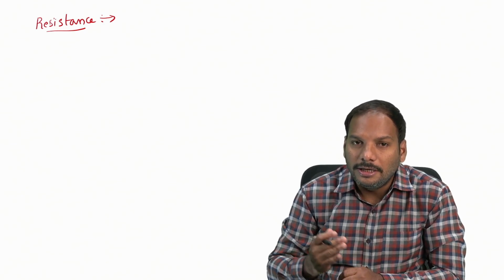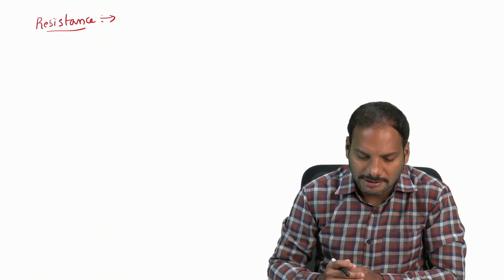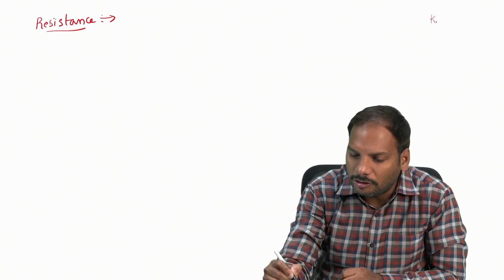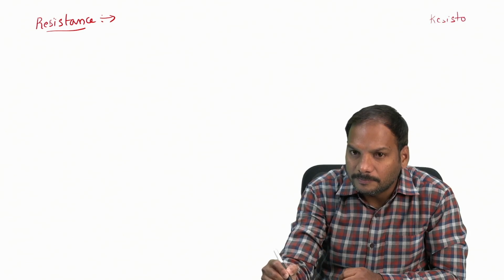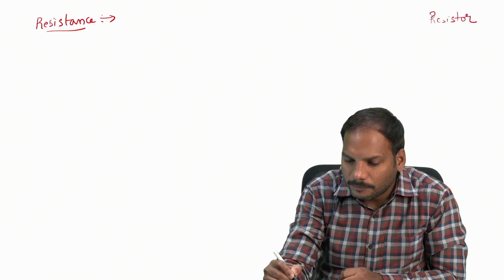The meaning is that you cannot touch it, right? You can feel the resistance, but you cannot touch the resistance. A resistor is a device or an element which exhibits the property of resistance. So I'm calling one more word, the resistor. This resistor is the element which will exhibit the resistance.